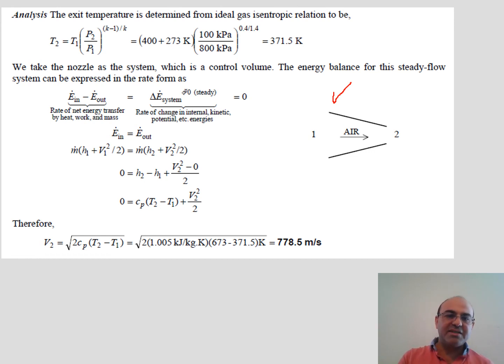The problem doesn't say whether to use the approximate solution or the exact solution to find the condition at the exit of the nozzle. So if it's not clear, then it's up to you which method you want to use.